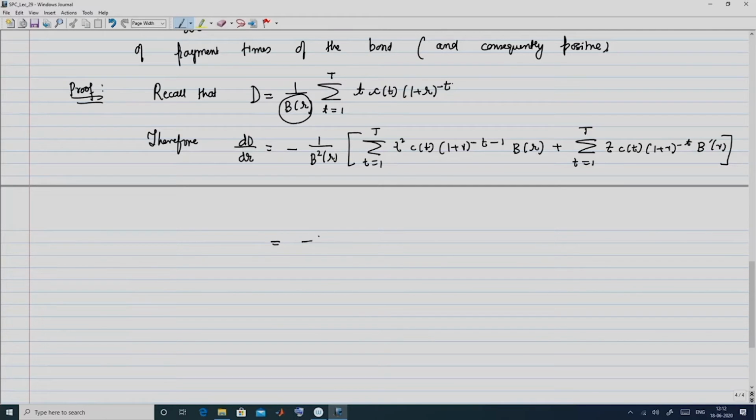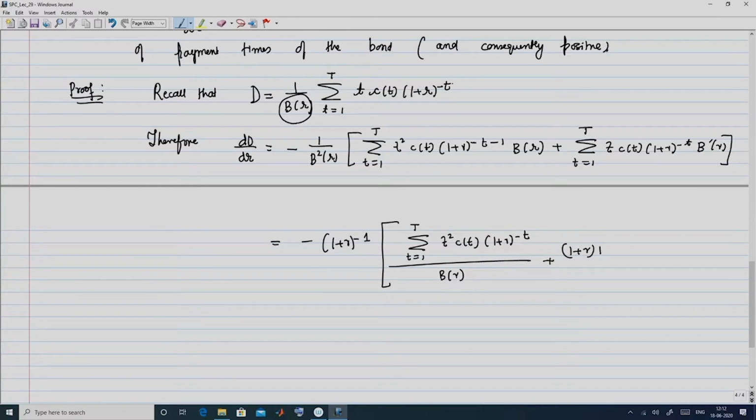And this becomes equal to minus of 1 plus r raised to minus 1 within bracket summation t is equal to 1 to capital T, t square c of t 1 plus r raised to minus t divided by B of r plus 1 plus r B prime of r over B of r into summation t c of t 1 plus r raised to minus t over B of r.